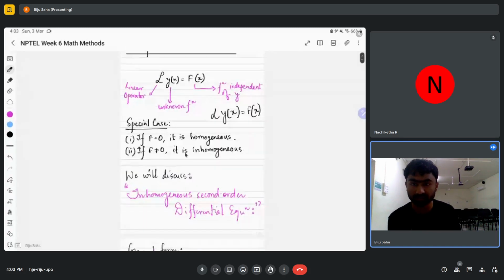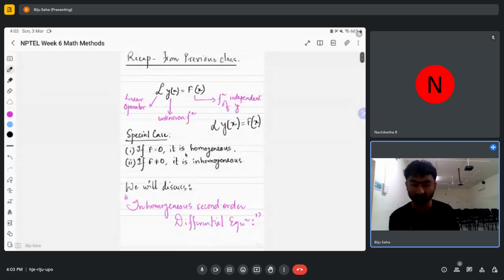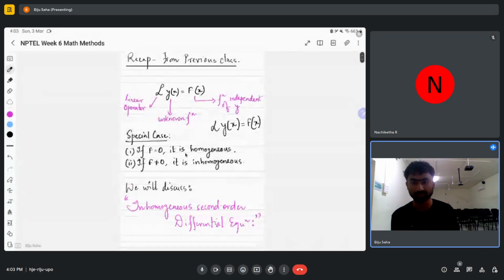In the previous class, we discussed briefly towards the end the homogeneous second order differential equation. Remember, we wrote the auxiliary equation and obtained its roots, and comparing the roots we proposed 3 different cases, and using those cases we could write the solution of the homogeneous differential equation of second order.